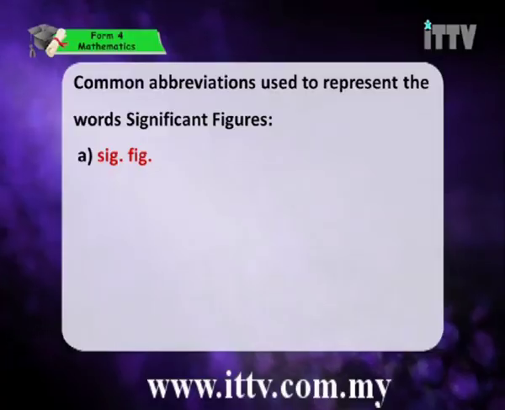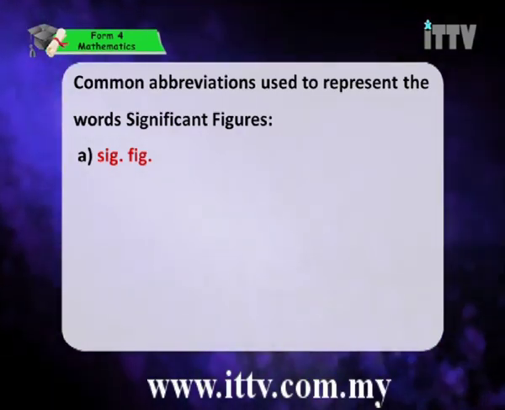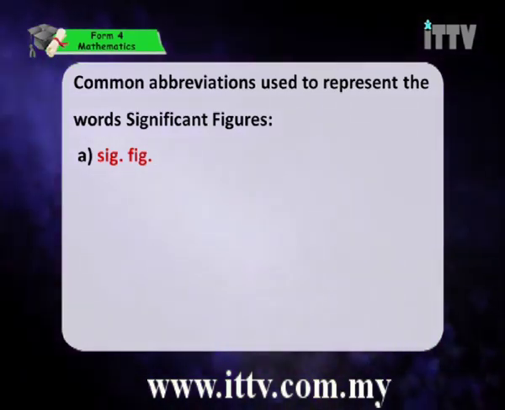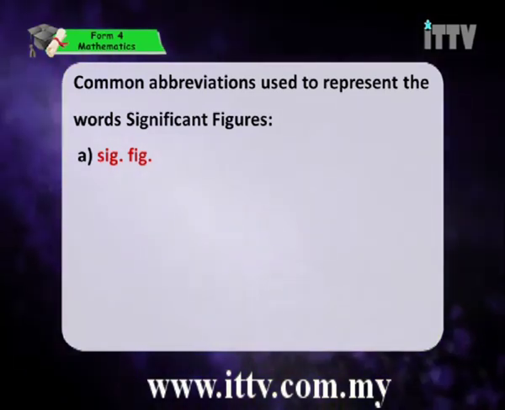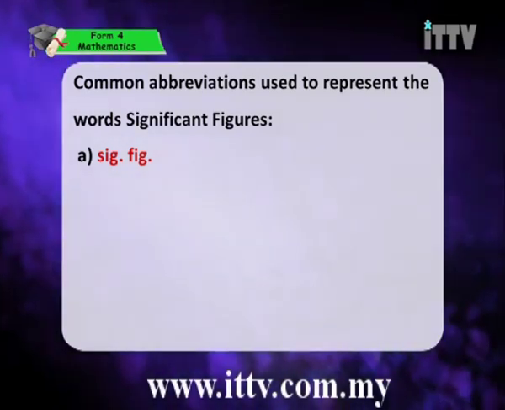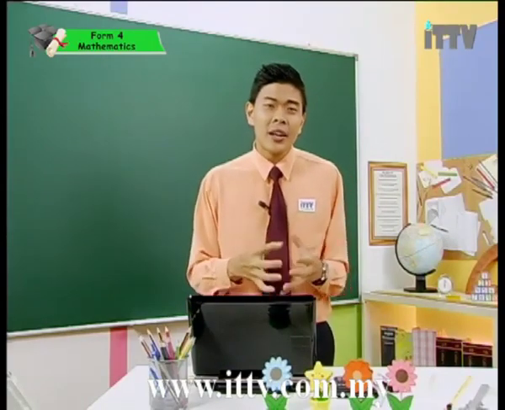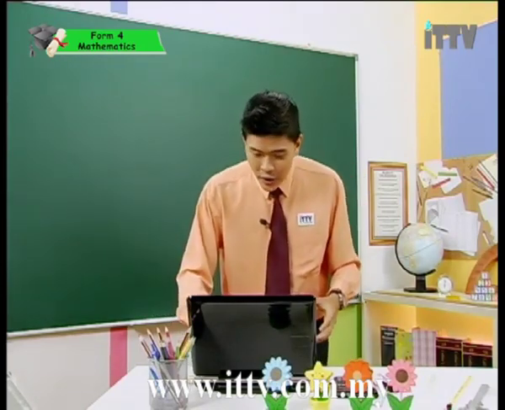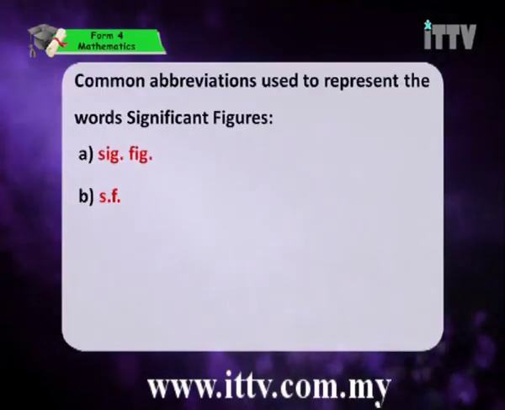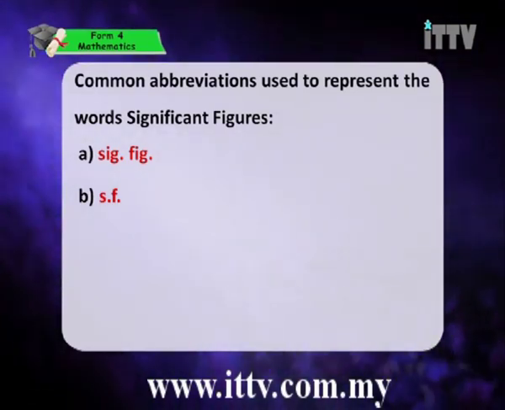Now, what are the common abbreviations used to represent the words significant figures? Well, you can use sig.fig, which represents significant figures, to cut it short. Or you can also use S.F. S is for significant, F is for figures.